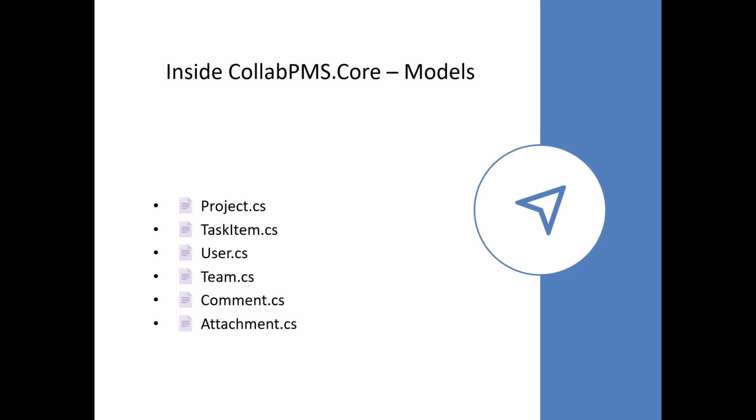In the models folder we create all the classes one by one, and the class name is the same as the file name, and we'll be following the same practice. These files will have ID as the primary key, and properties representing the entity's data. We'll also include collections and navigation properties for relationships like project to tasks or task to comments. So let's go through the code one by one, and then I will flip over to Visual Studio to build these classes quickly in front of you.